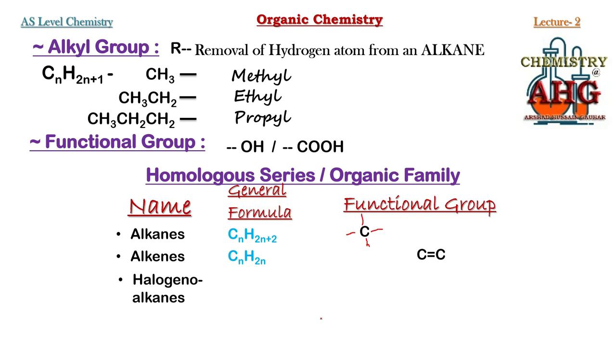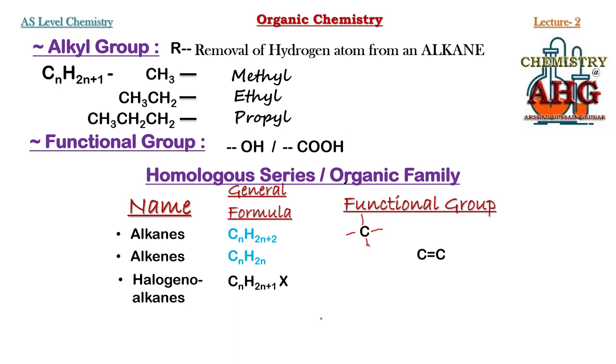As the name indicates, the functional group of halogenoalkanes is a halogen atom: fluorine, chlorine, bromine, iodine. So what will be their general formula? Just look at the general formula of the alkyl group, CnH2n+1, and the halogenoalkane makes a bond with the halogen atom.